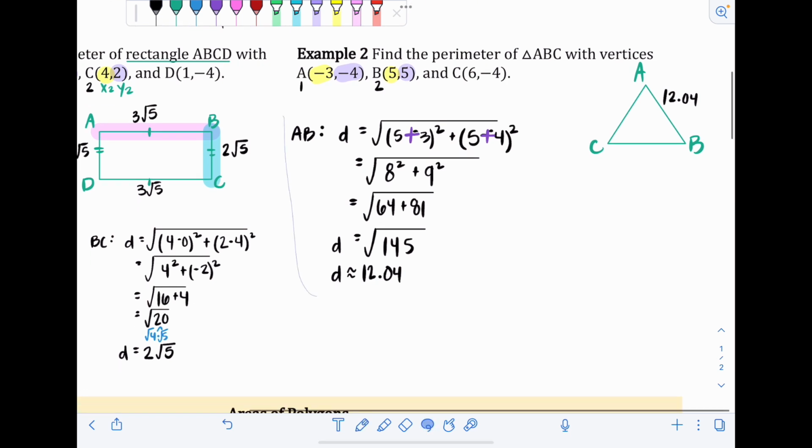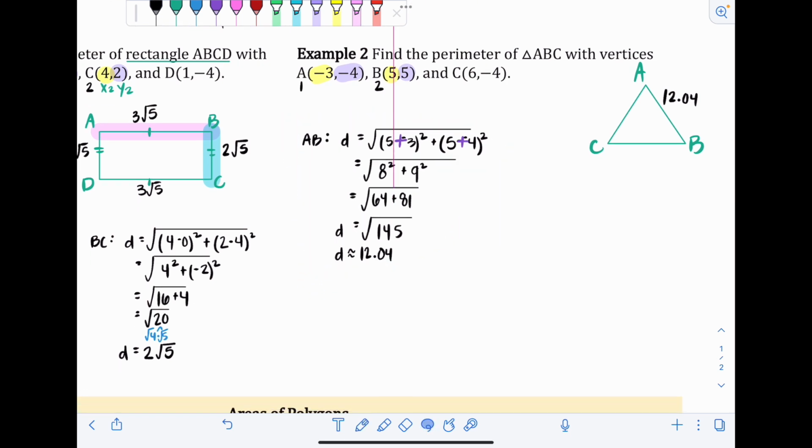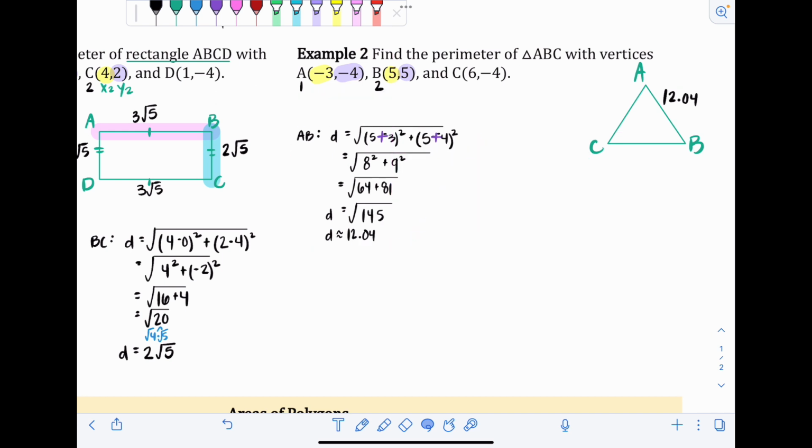So we'll do the distance between point B and point C. For our distance formula, we have to reset our points up here, but for BC, I'll say this is my point 1 and this is my point 2.